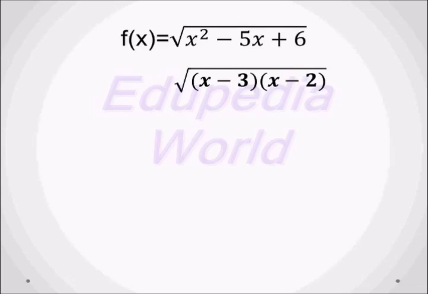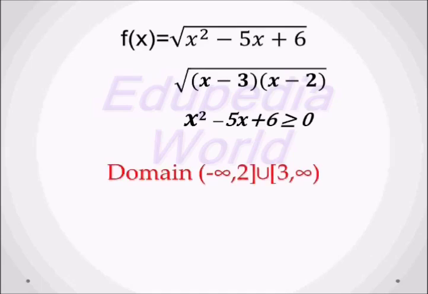So, in the above function, when writing the natural domain, we should consider all real numbers where x square minus 5x plus 6 is greater than or equal to 0. In this case, the domain becomes negative infinity to 2 including 2 union 3 to infinity including 3. If we draw a number line, it will look like this.